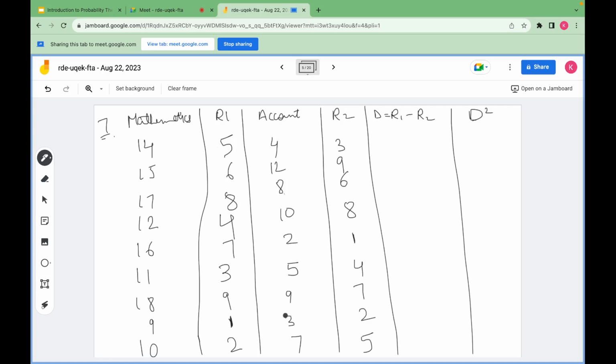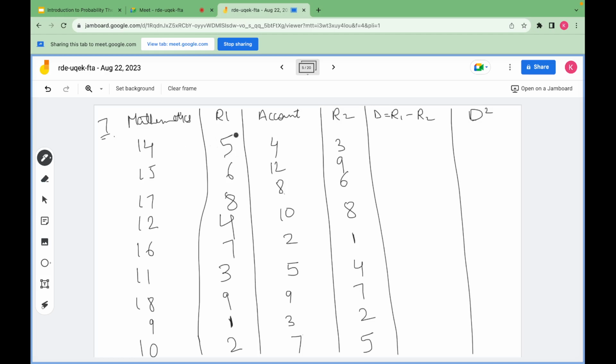Then the next element was 3, so we assigned rank 2 to it. Then there was a 4, we assigned rank 3. Then to this element we assigned rank 4. Then above 5 there was 7, so we assigned rank 5, and similarly we assigned ranks to all the elements. Now we will find the difference between the ranks.